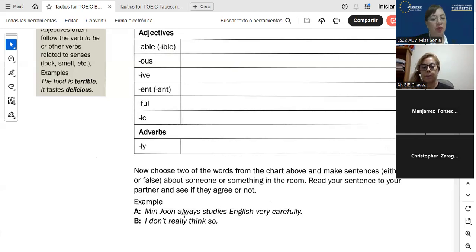For example, one of the classmates always studies English very carefully. Or conscientious, as you mentioned, Blanca. So from someone from the group, it doesn't matter if it's true or false. The idea is to use any of the words, just to practice as quickly as possible.